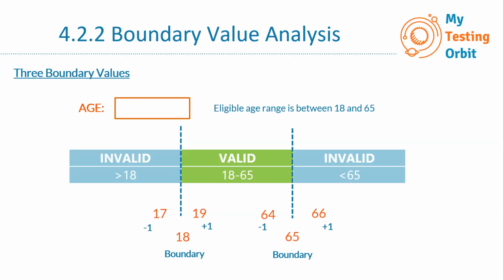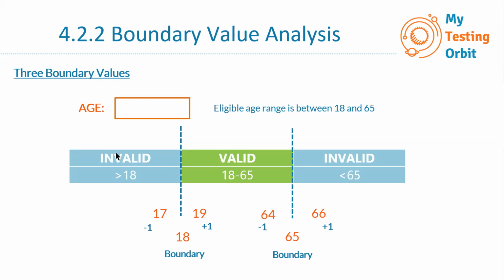The next one is three boundary values. Okay, so in three boundary values, like two boundary values, we are still taking the boundary value and the immediate value outside that boundary, but we are also taking a third one, which is immediately inside that boundary, in this case 19, and on the other side 64.